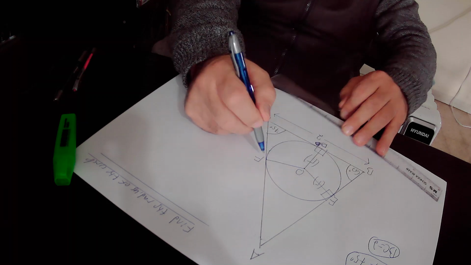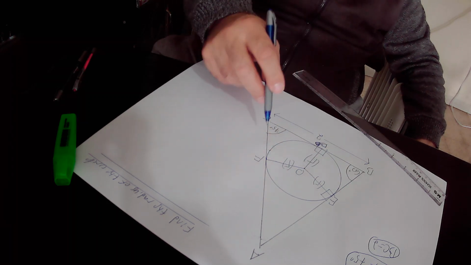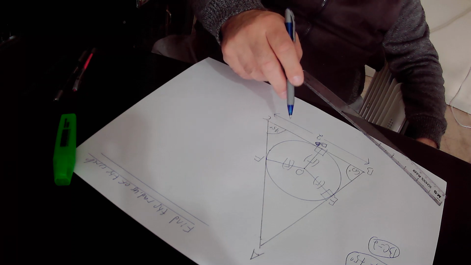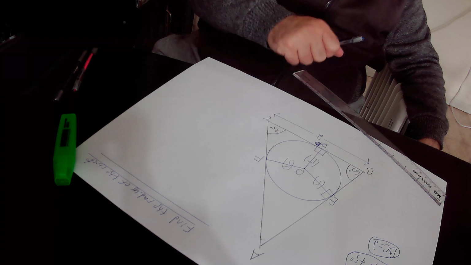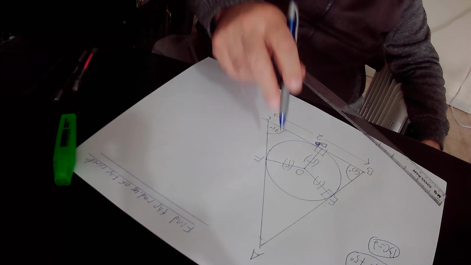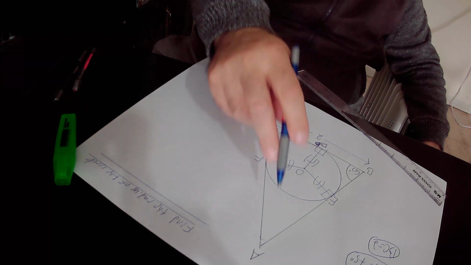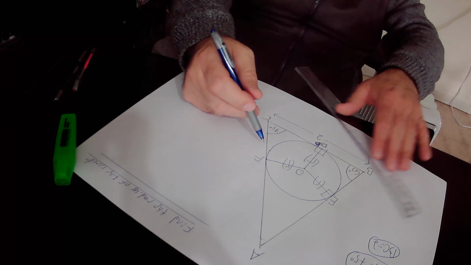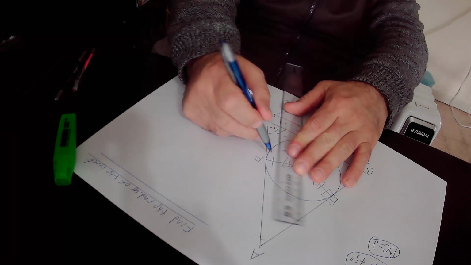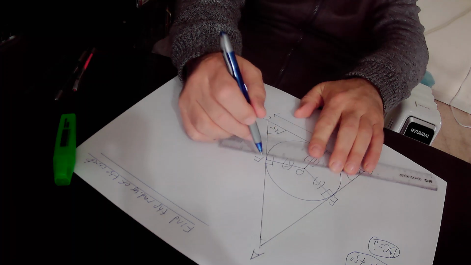OF is the radius of this circle that is equal to R. Again, we have the radius OF drawn to point F, the point of tangency of tangent AC with this circle. Whenever you have a radius drawn to the point of tangency, then tangent AC will be perpendicular to the radius FO. If AC is perpendicular to FO, it means that this angle equals 90 degrees, and this angle also equals 90 degrees according to rule number 1.